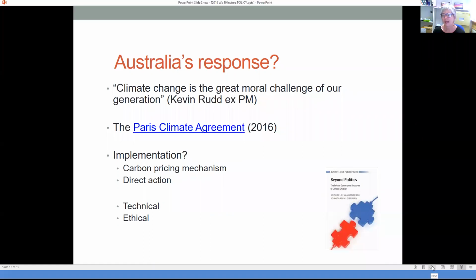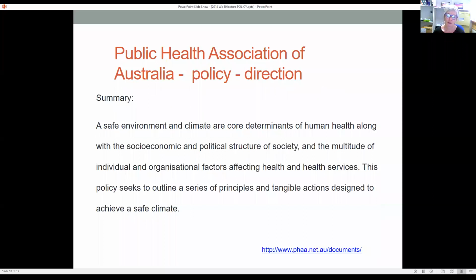So policies are made at government levels, as you can see, and at organisational levels, and also the health sector has made them. There are a number of health organisations that talk about climate change, for example, and this is a summary of the Public Health Association's policy on climate change.